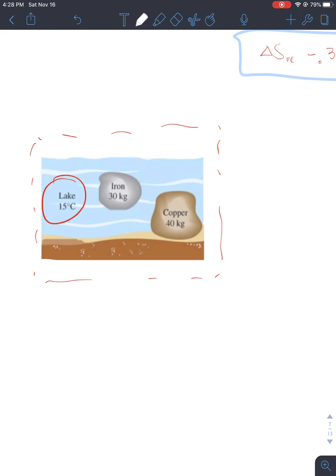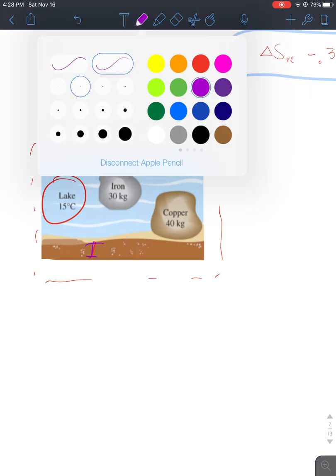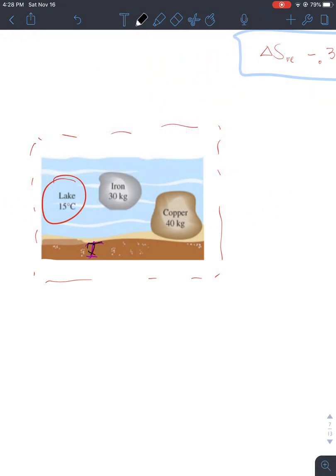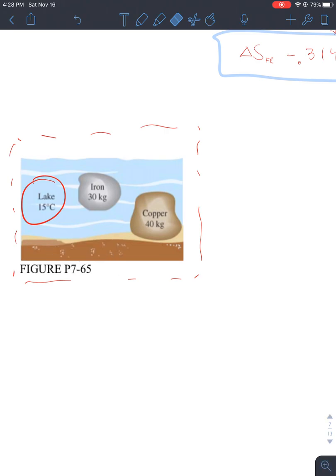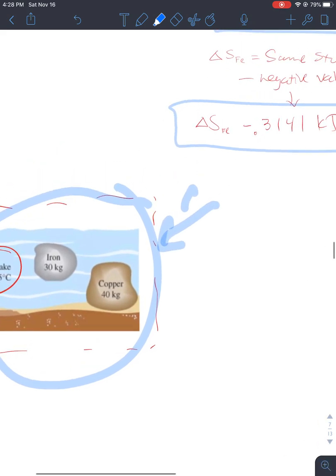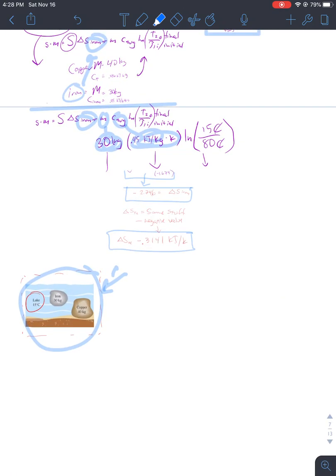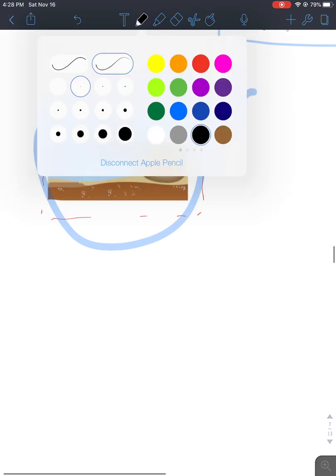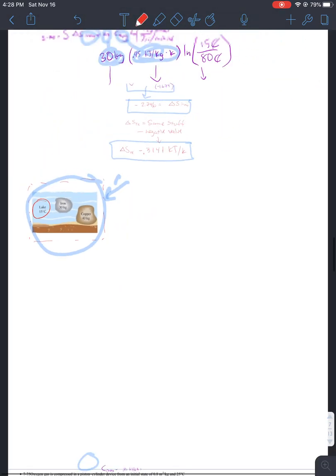One other assumption is you ignore this. Ignore the ground. Ignore everything about the ground. So here's the system. You draw a boundary. Whoops, I forgot to say this at the top. Sorry about that.